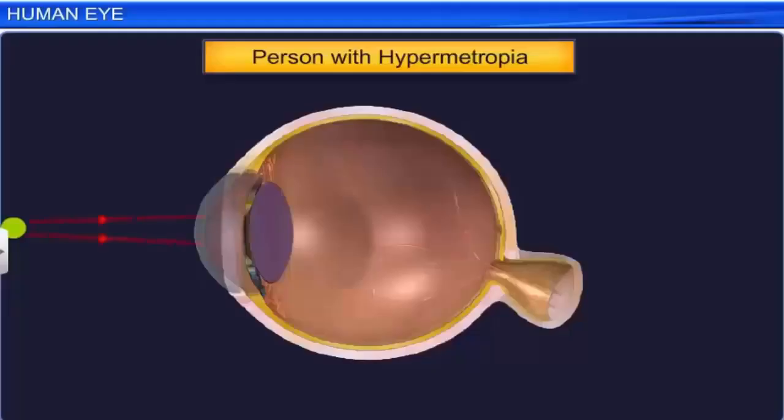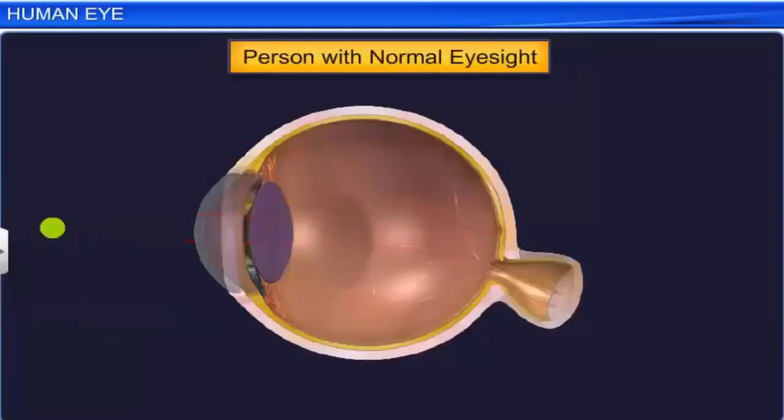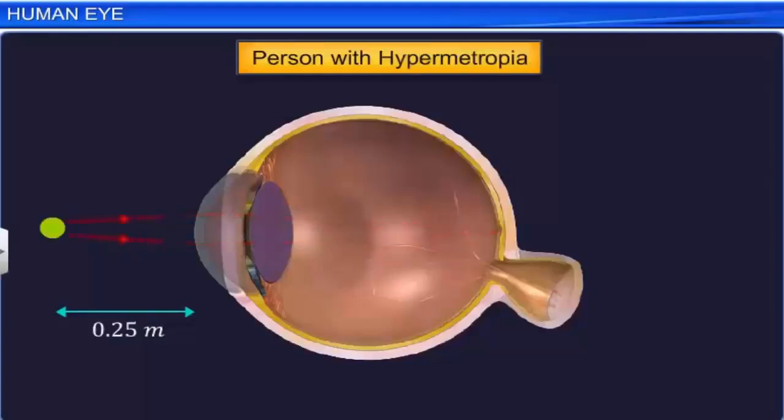Given that the near point of the person is 2 meters, but for a normal person the near point is 0.25 meters. In case of the person suffering from hypermetropia, an object placed at 0.25 meters is focused behind the retina. If a corrective lens is used, it must form the image at a distance of 2 meters.